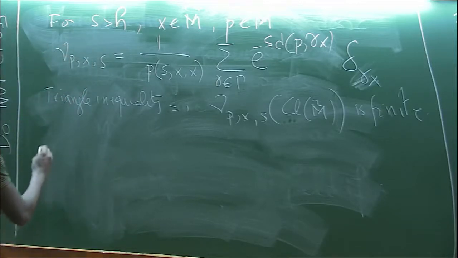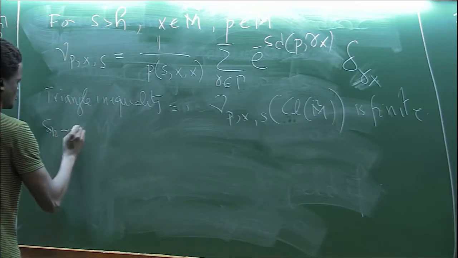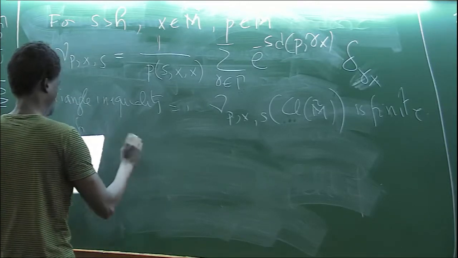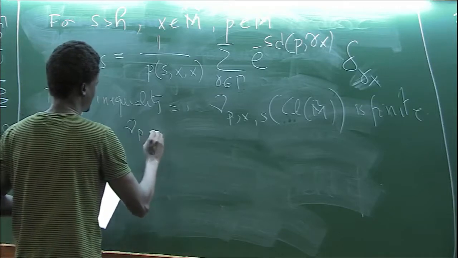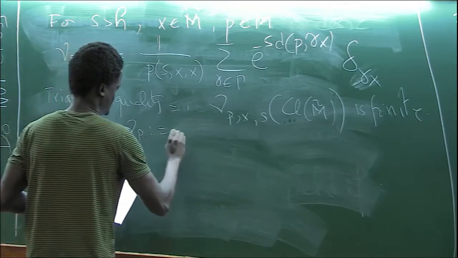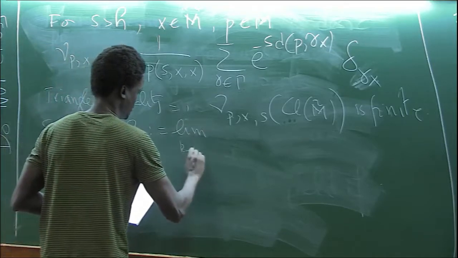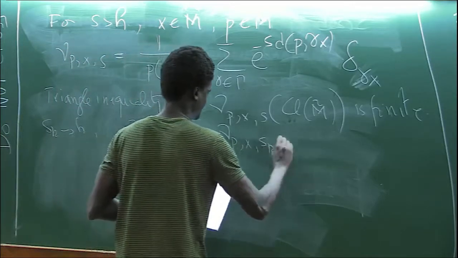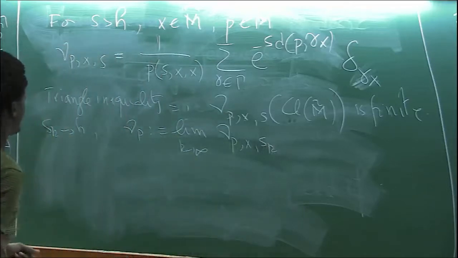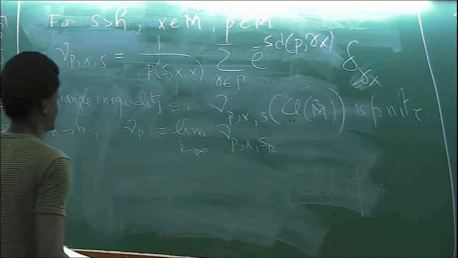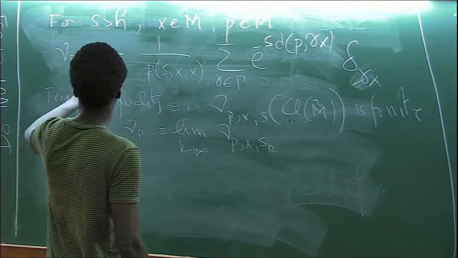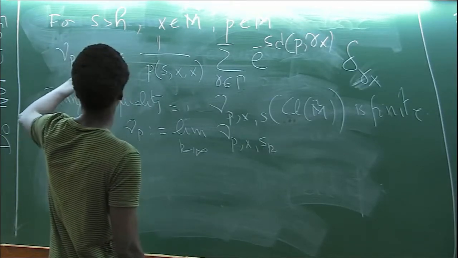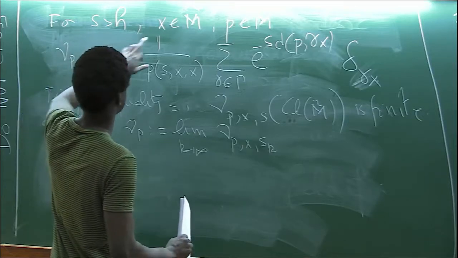So what happens is now you take s_k going to h, and you consider this limit, nu_p, a weak limit, equals the limit when k goes to infinity of nu_p^{x, s_k}. You might wonder because here this measure is acting on an unbounded space.